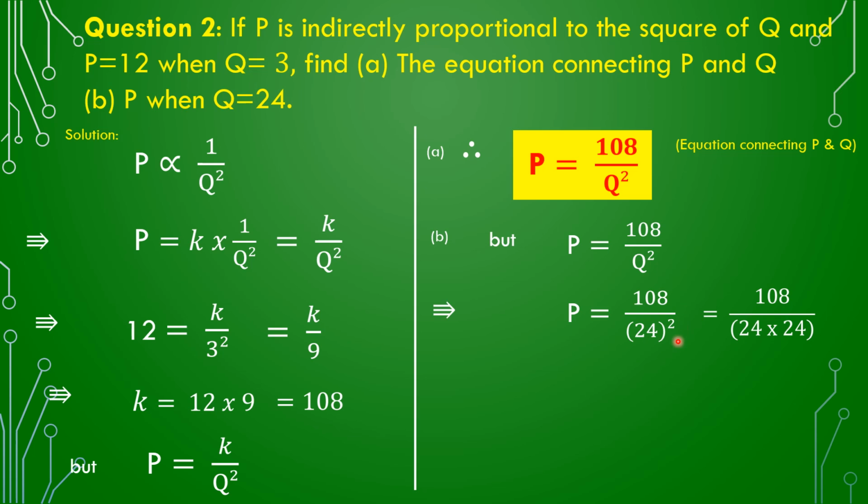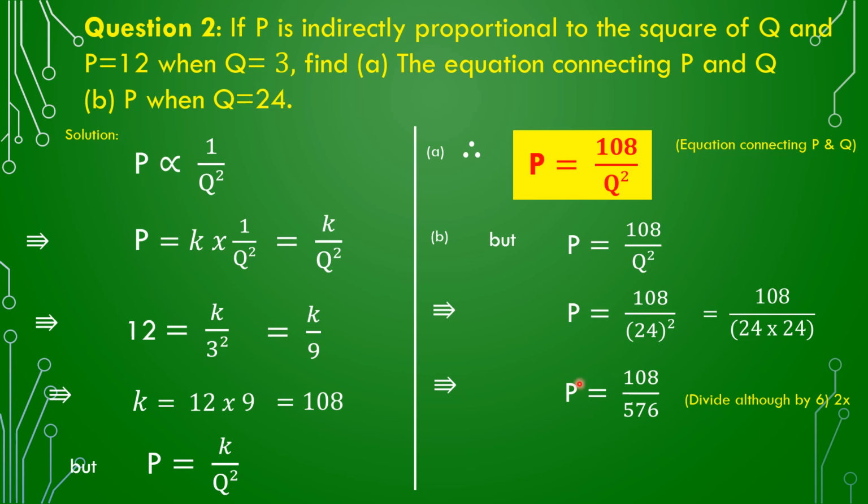Now, if you solve further, we have that P is equal to 108 divided by 24 times 24, because 24 squared means 24 times 24. Please take note of that. Solving further gives our P as equal to 108 divided by 576, because 24 times 24 is equal to 576.